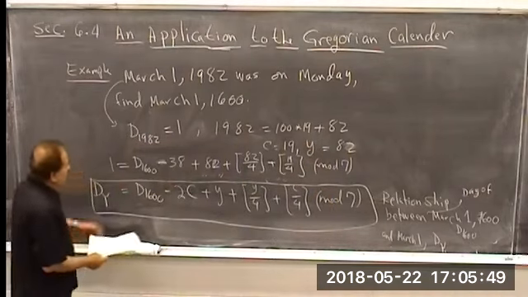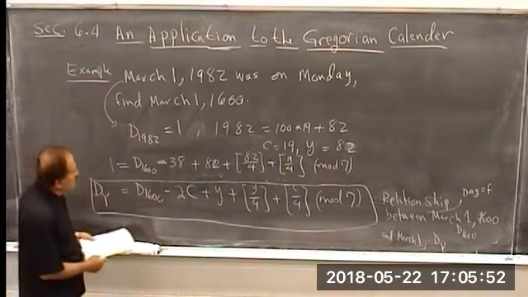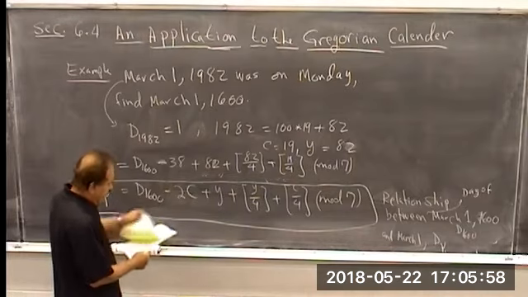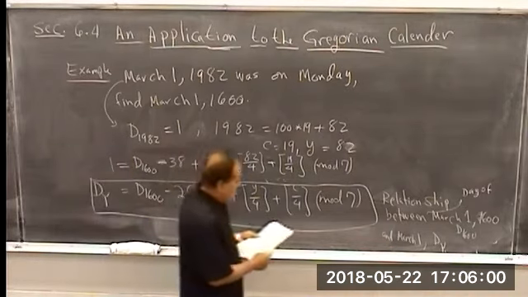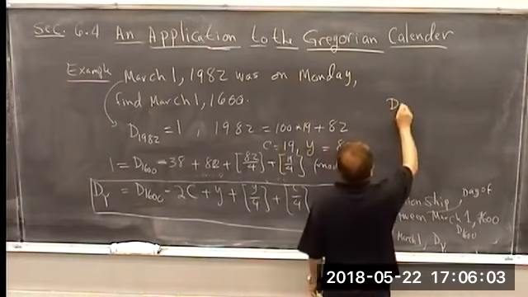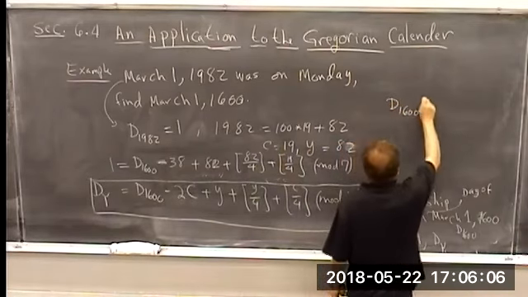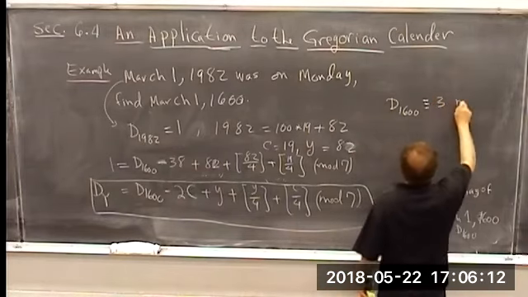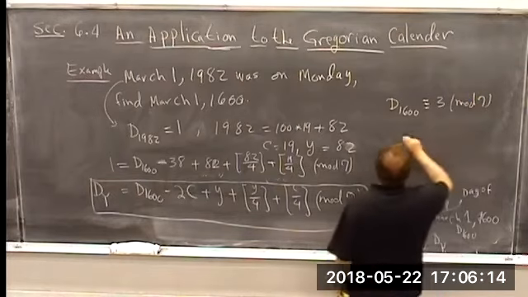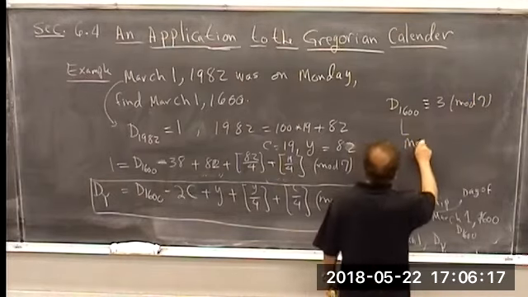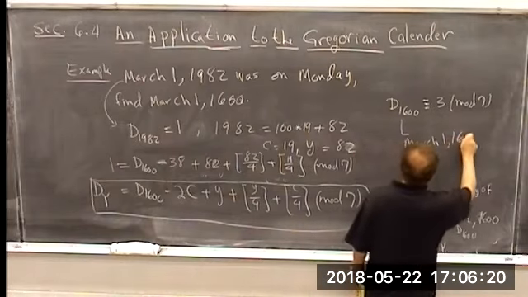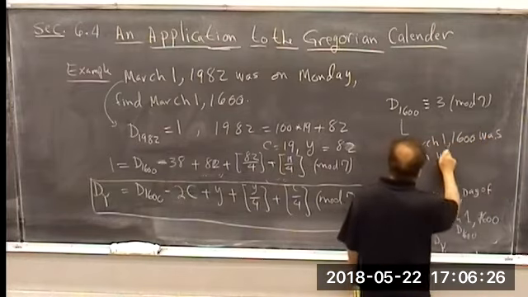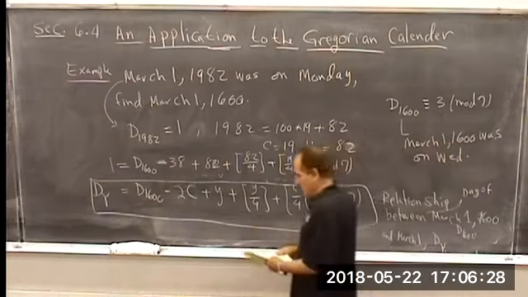When you do the calculation, you solve this for D1600, and this is mod 7, so it means March 1st, 1600 was on Wednesday.